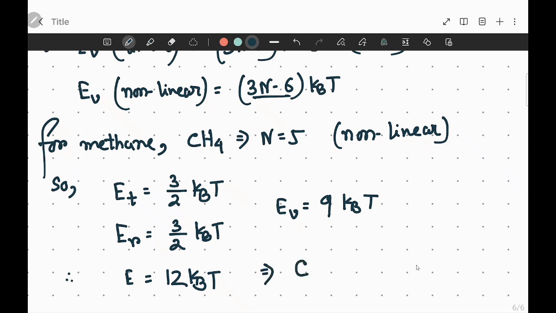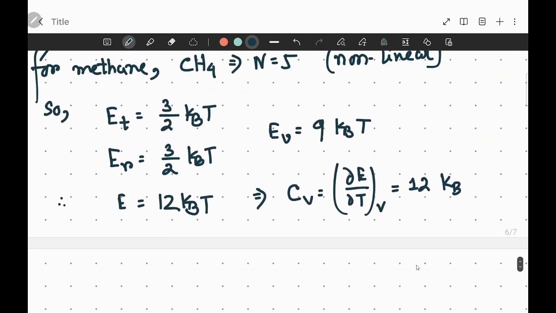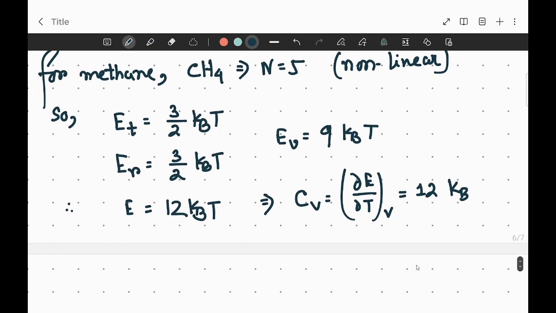So CV will be del E, or del U, whatever you want to write, del E by del T at constant V. So it is 12 kB, and this is for only one molecule, obviously. For all molecules, you have to multiply by the total number of molecules. So we can put a bar here just to distinguish.